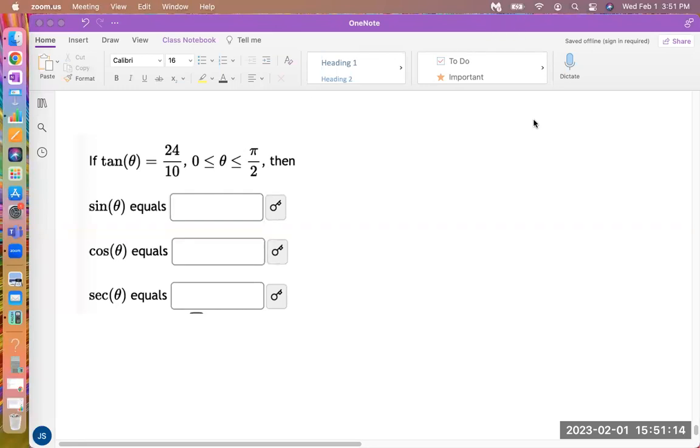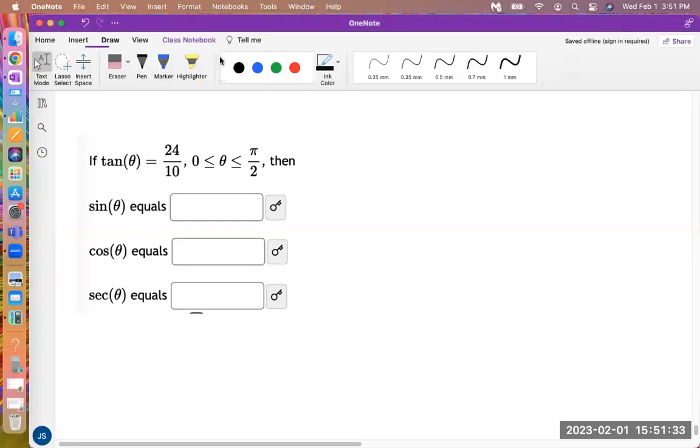So I know that tangent is equal to opposite over adjacent, the opposite side over the adjacent side of a right triangle. So I know I can draw a triangle. Let's do it like this.